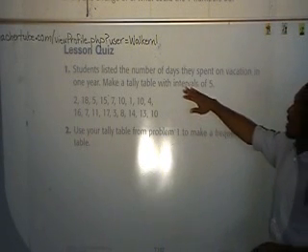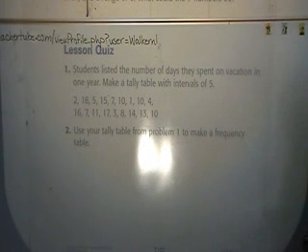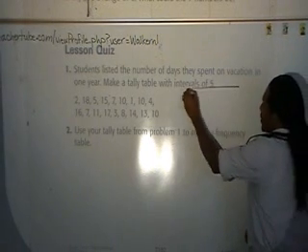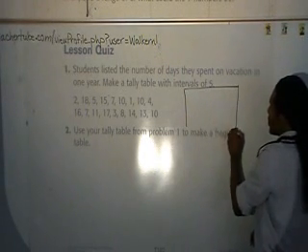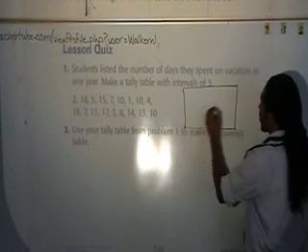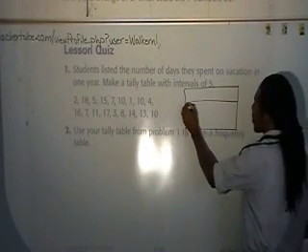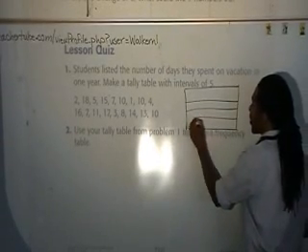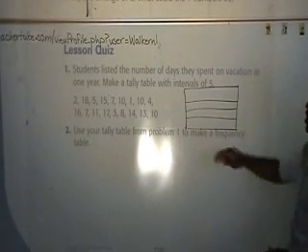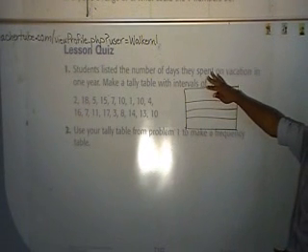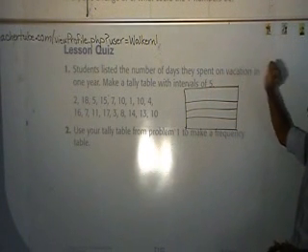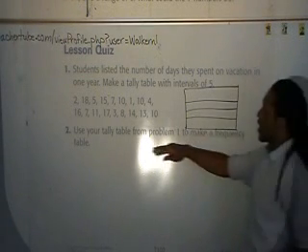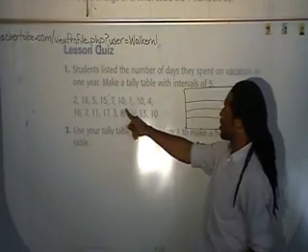So, we're going to do what they said. It says make a tally table with intervals of 5. So what they want you to do here is make a table, and if we are going in intervals of 5, we have to look at our highest value and our lowest value to make sure that we cover everything. Our lowest value is 1.